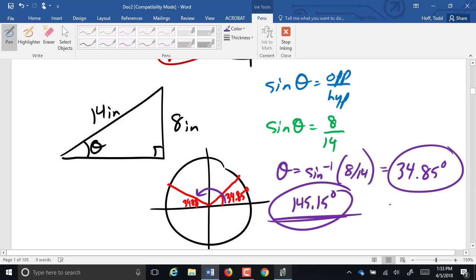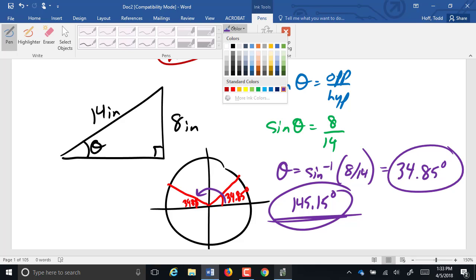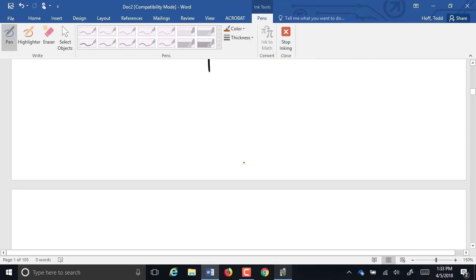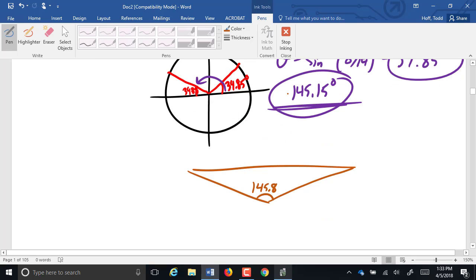Is it possible to have a triangle with an angle of 145.15? Now notice I didn't say right triangle, but a triangle. It is. Yeah, that could be 145.15 degrees.